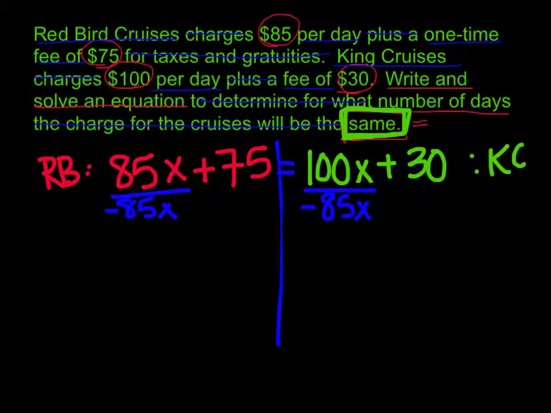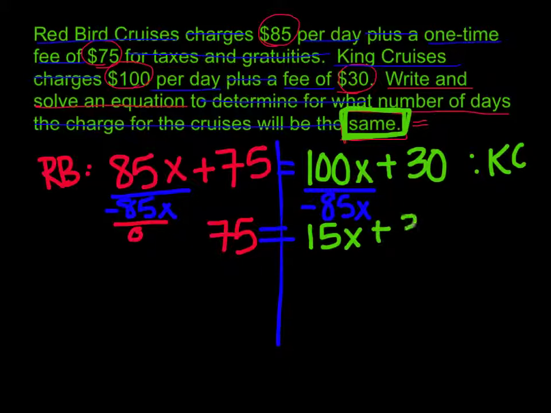I'm doing this on both sides to keep everything balanced. 85x minus 85x gives me 0. So on the left-hand side, I just have 75, equal to 100x minus 85x. That gives us 15x, a positive number because the 100 was bigger, plus 30.